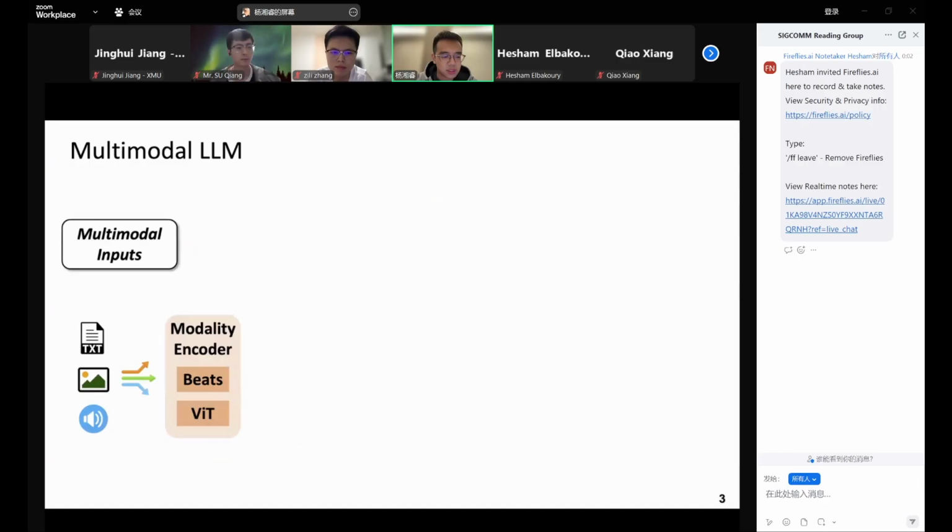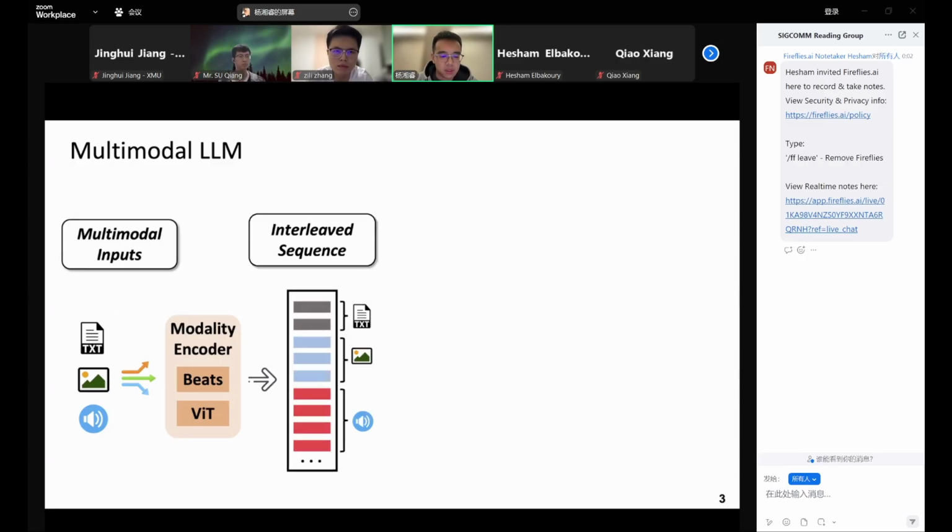This module processes images. Second, the crucial output of this stage is unified interleaved sequences, where all different modalities are converted into a common representation, a sequence of embeddings.